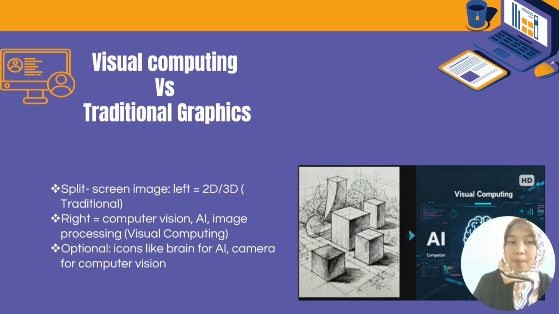The visual computing versus traditional graphics. The traditional graphics focus on creating, rendering, and displaying 2D or 3D visual content, like the hand-drawn and pixel-based.